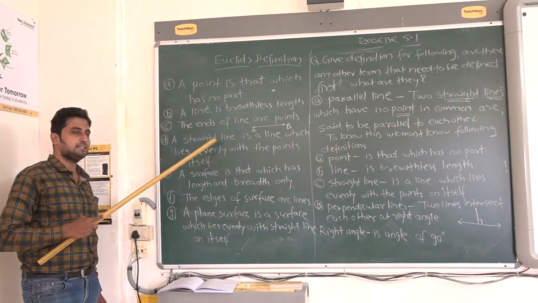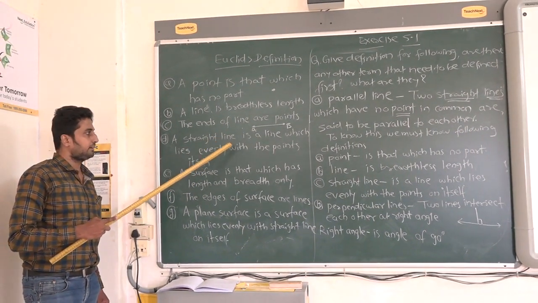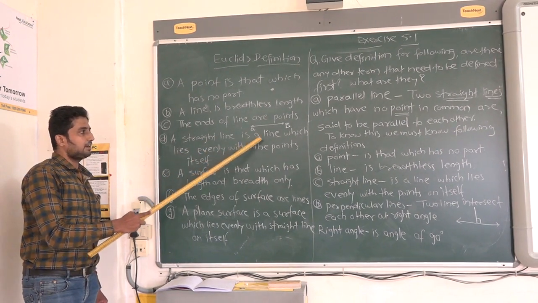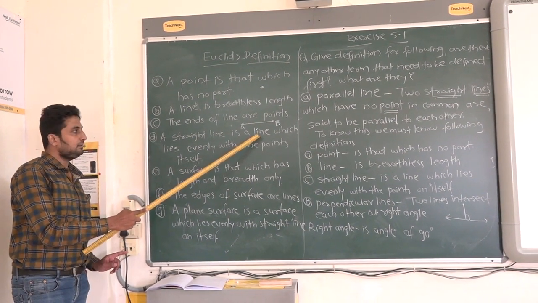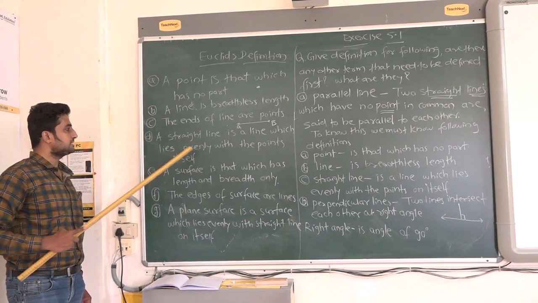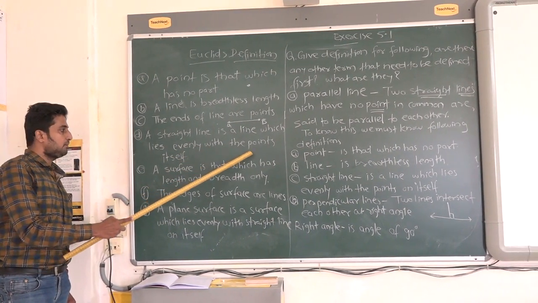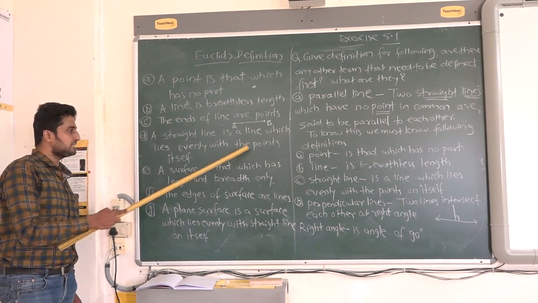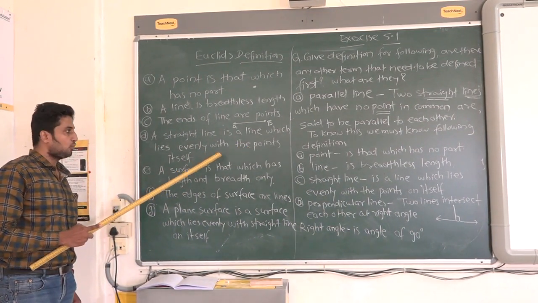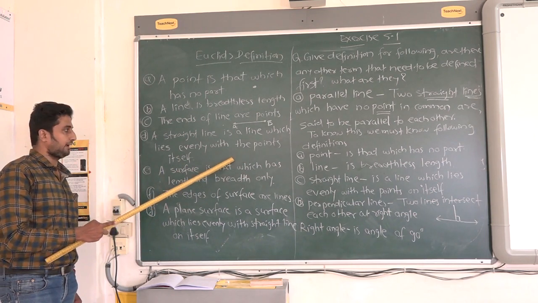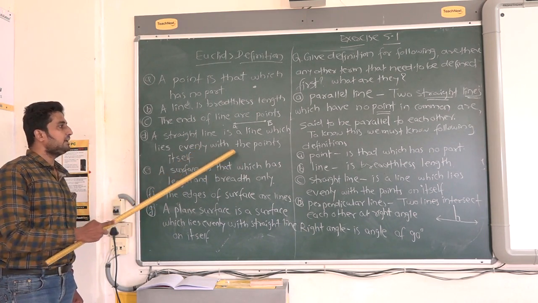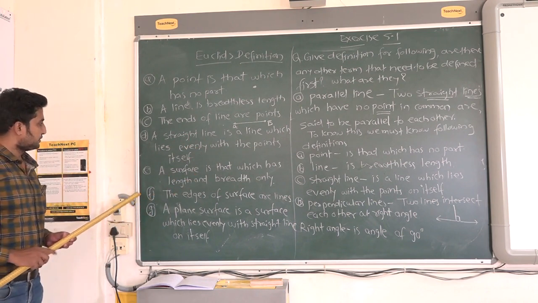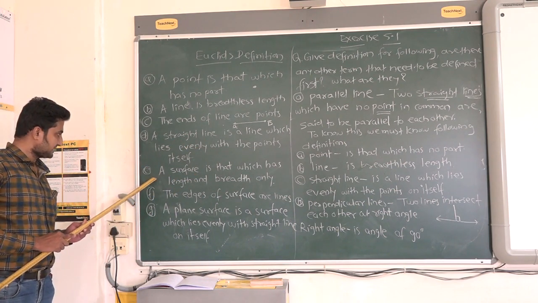That's why it is called the straight line, right? So a straight line is also one type of line, but it lies evenly with the points on itself. So dear students, we are coming to the next definition.